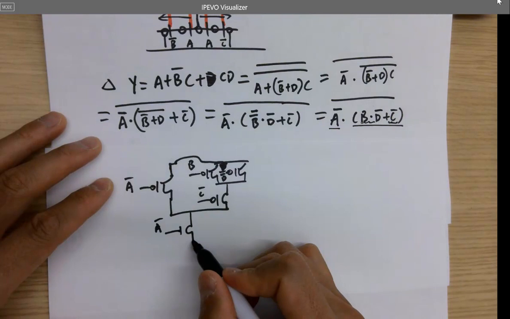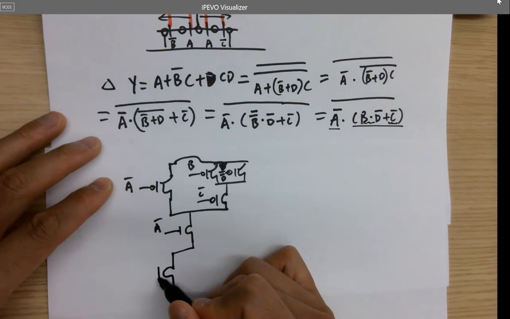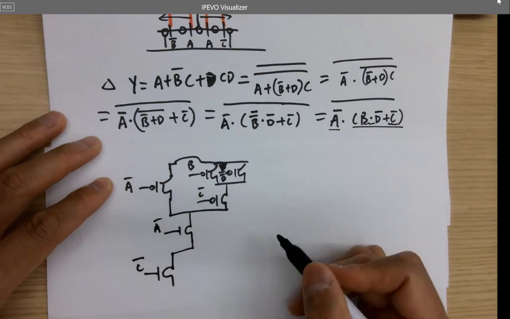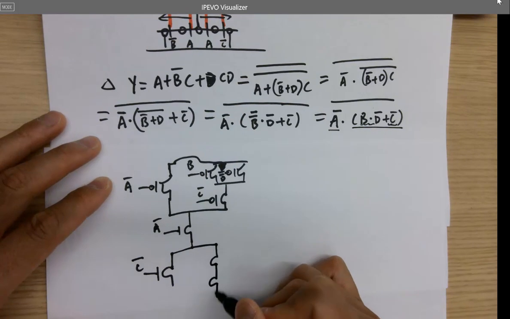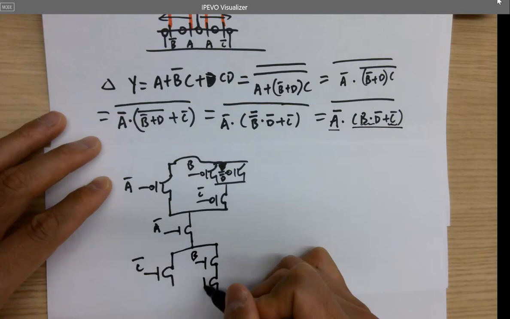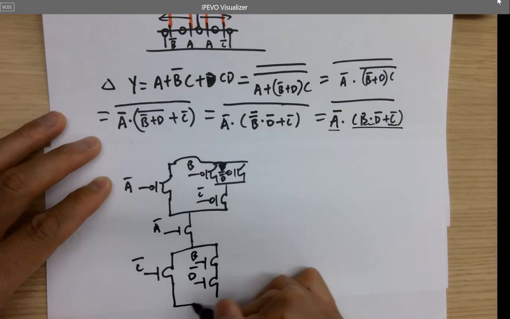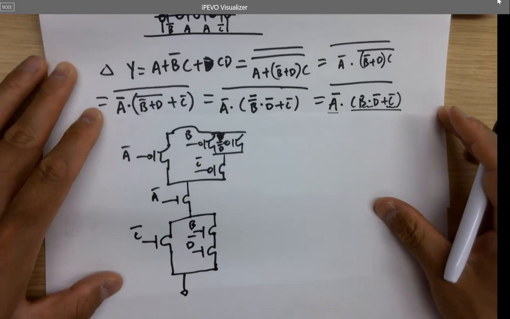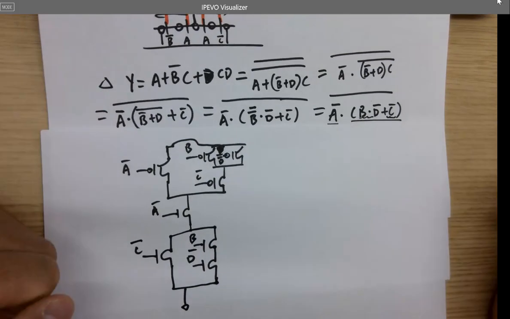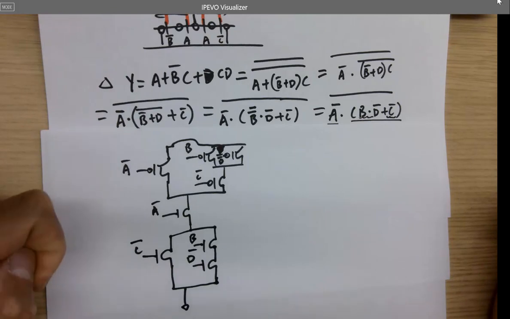So we got C naught in parallel with B and D naught, like that. Is that correct?